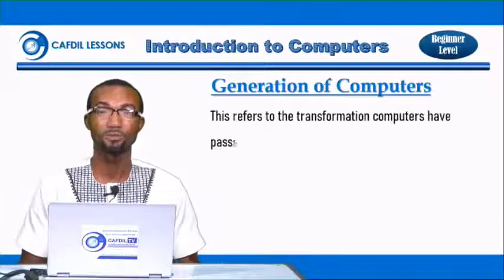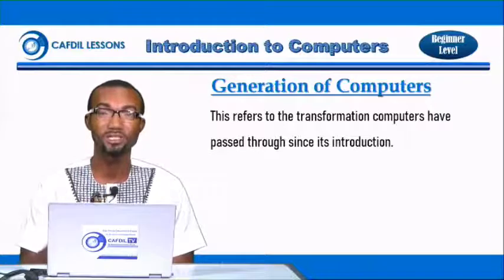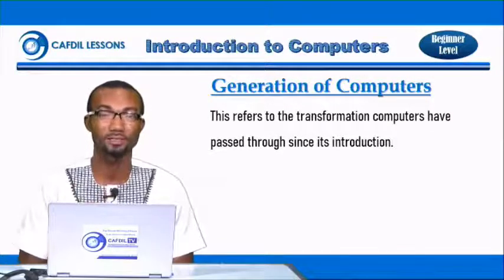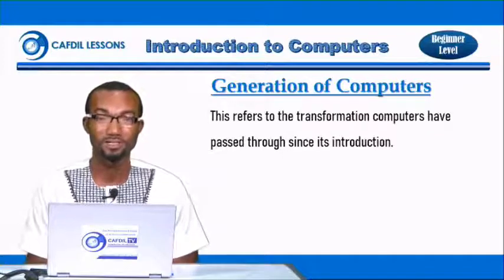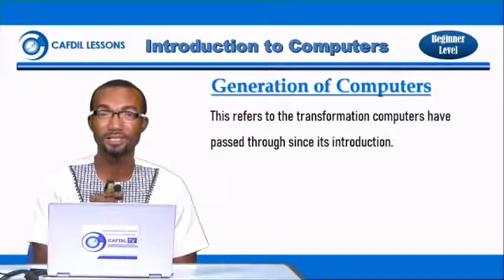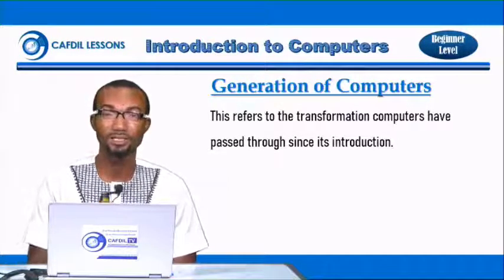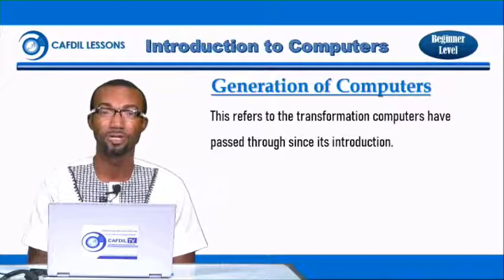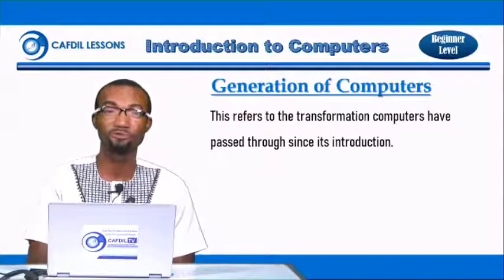When we say generation of computers, what does it mean? This refers to the transformation computers have passed through since its introduction. If you remember, when we were treating examples of computers in the last lesson, we looked at the smartphone, and we went back memory lane to where phones started.